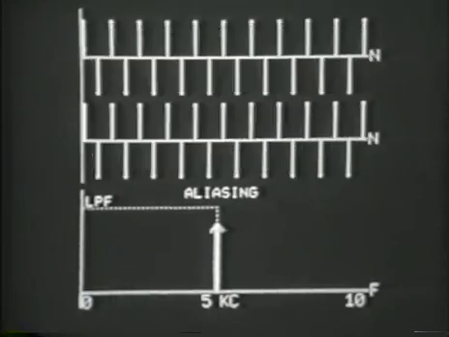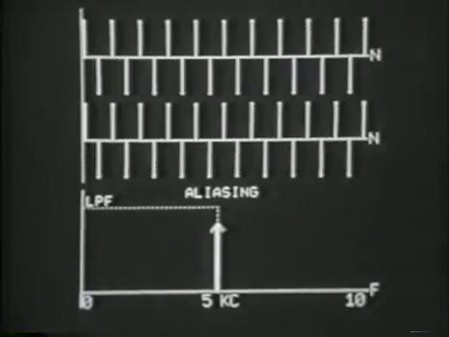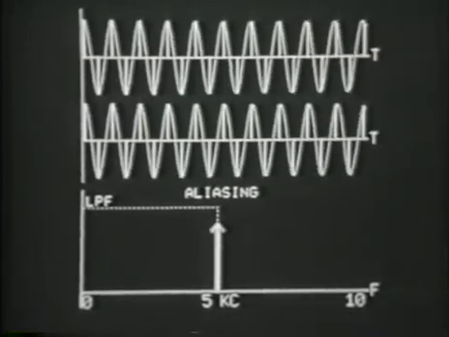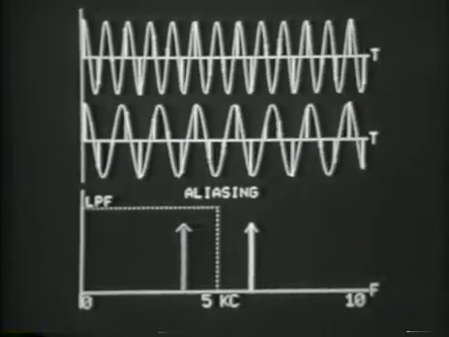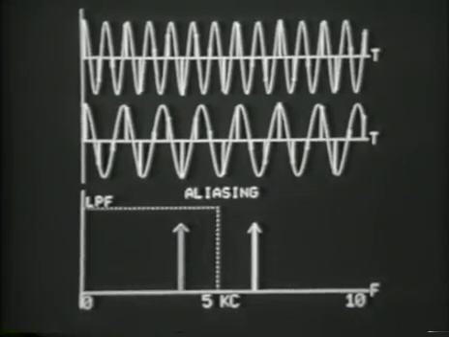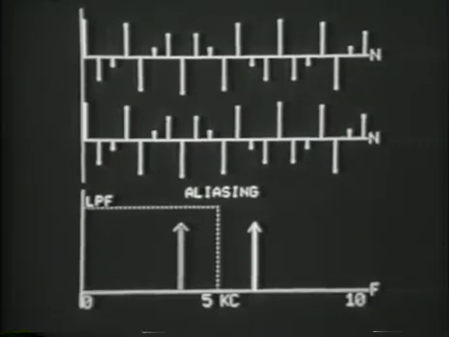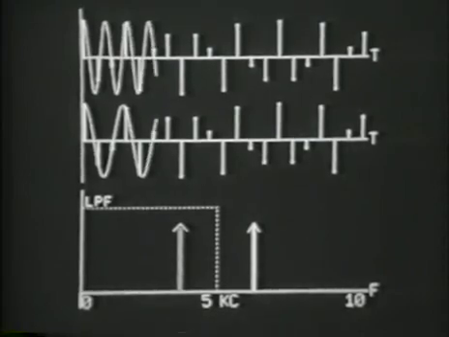Now, when we get to half the sampling frequency, we're just on the verge of aliasing. This isn't aliasing quite yet, but any increase in the input frequency will now generate aliasing. We now have aliasing. The output frequency is lower than the input frequency, but notice that the samples are identical.